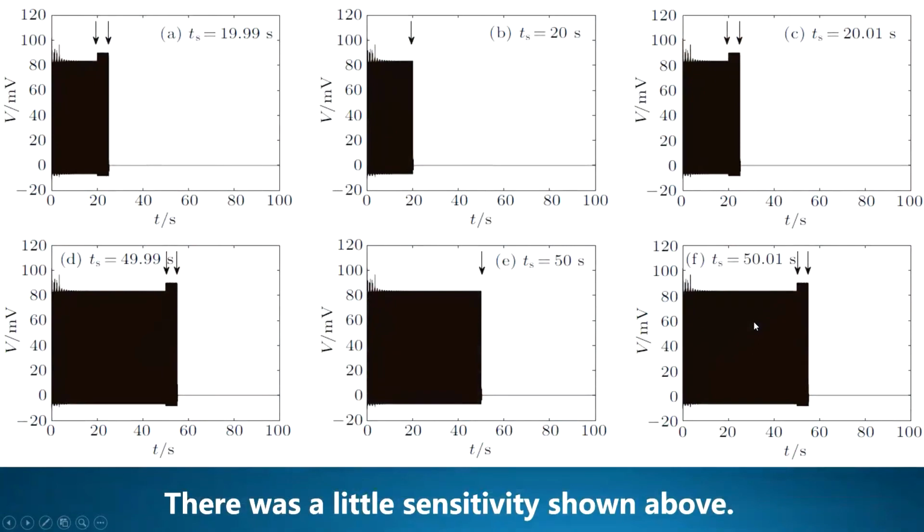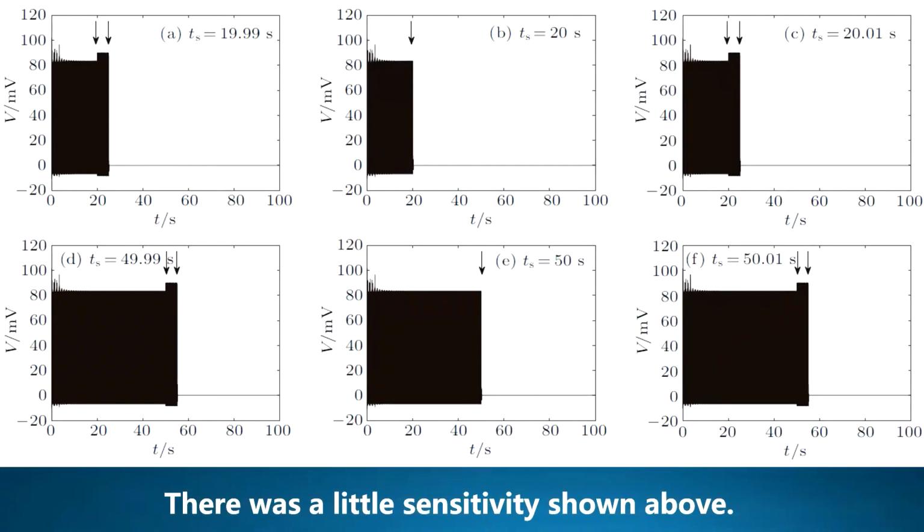There are 6 neuronal firing patterns when the stimulus duration is approximately 20 seconds or 50 seconds.